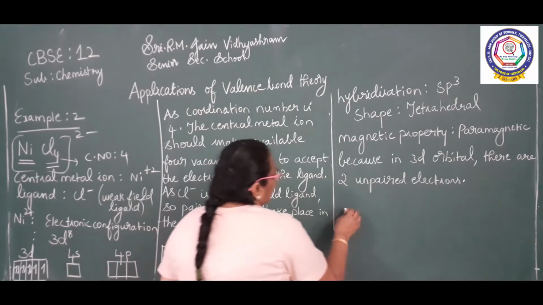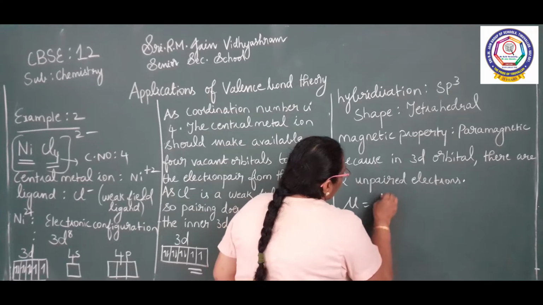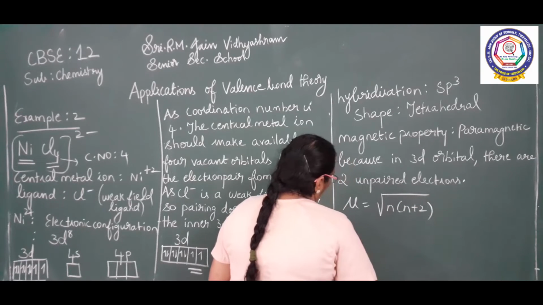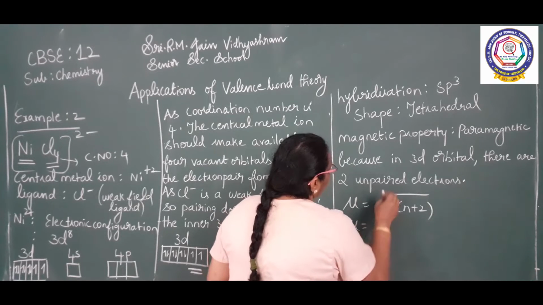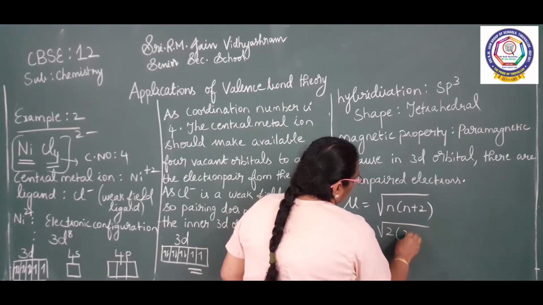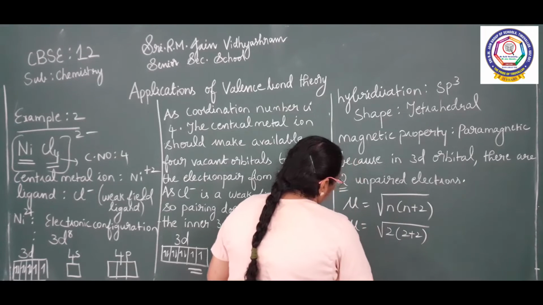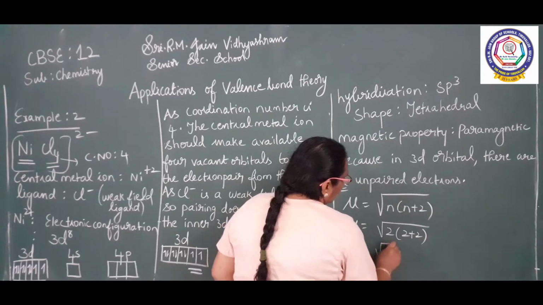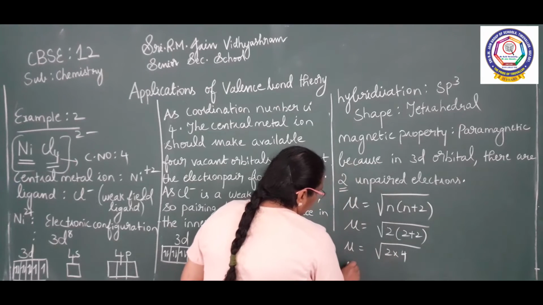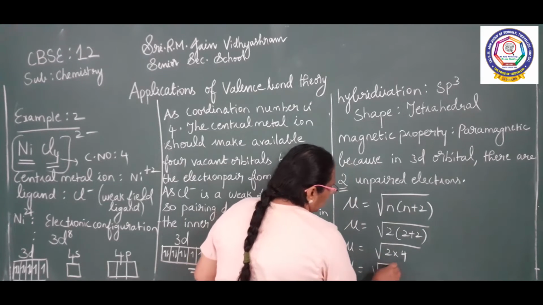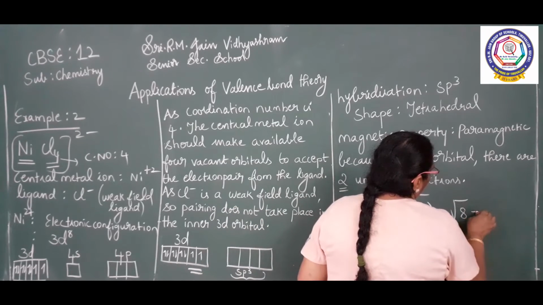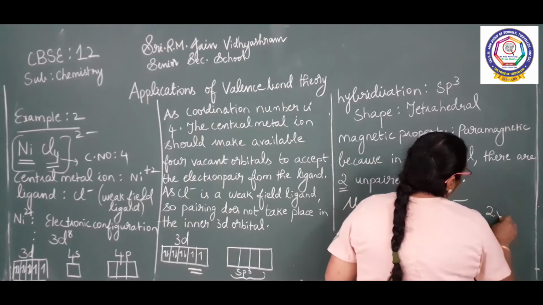So what is mu here? What is the formula? Root of n into n plus 2. What is n here? 2. So root of 2 into 2 plus 2, which is root of 4 into 2, so mu is equal to root 8. Root 8 is equal to 2 root 2.